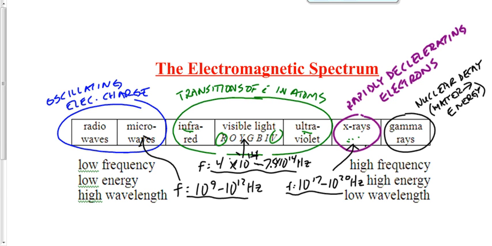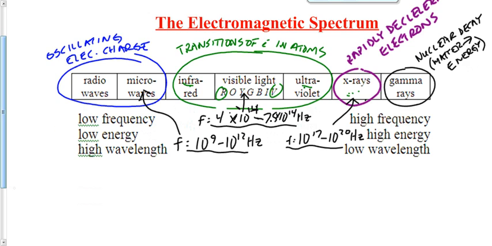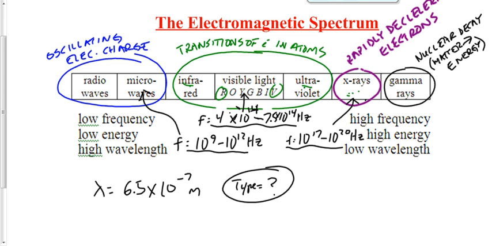Wavelength, you're given a certain wavelength. Let's say I'm given a wavelength of 6.5 times 10 to the negative 7 meters. What kind of EMR is that? Well, here's what I want you to do. You know, from Physics 20, the wave equation says v is equal to f times lambda.